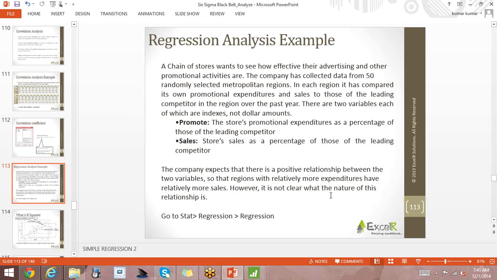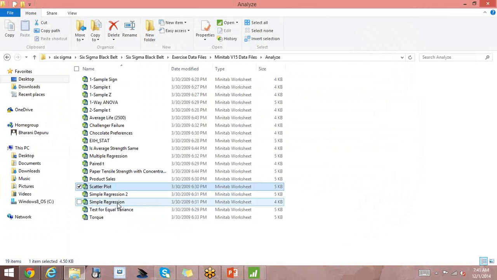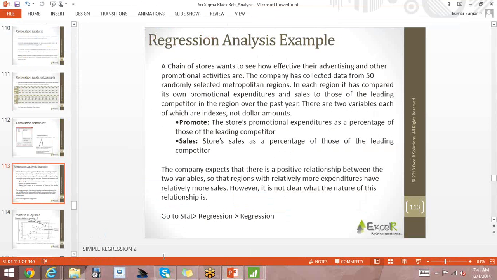They are telling us it is strong, but they don't know the nature of the relationship. So let us do a simple exercise. Though my company is telling us there is a strong relationship, I want to cross-check using Minitab.